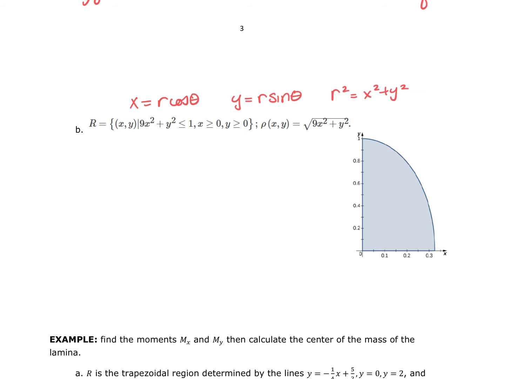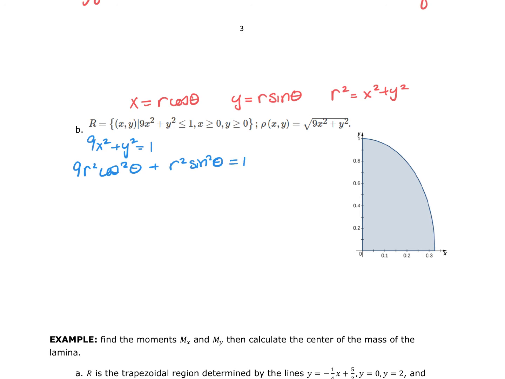Now the setup is not fun, but when we go to integrate it, it's actually much easier. So I need to convert the 9x squared plus y squared is equal to 1 into its equivalent polar. Replacing everywhere I see x with r cosine, so I have 9r squared cosine squared theta plus r squared sine squared theta is equal to 1.